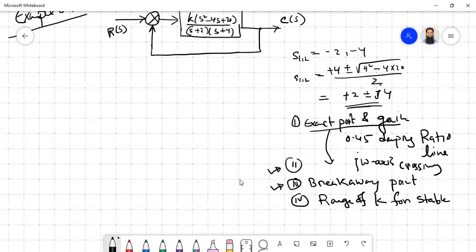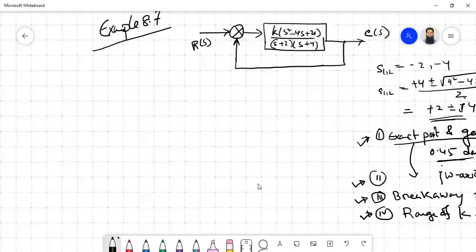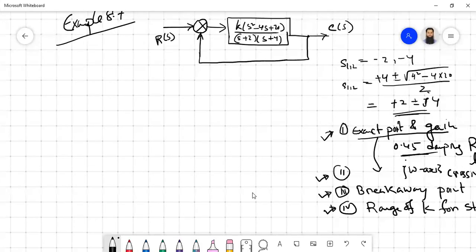Then automatically you can find out the value of the gain. Then it should be the fourth question: what should be the zeta line after plotting it? So according to me, it should be the fourth question. So let us try to plot the root locus first, then we'll go one by one to answer the questions.